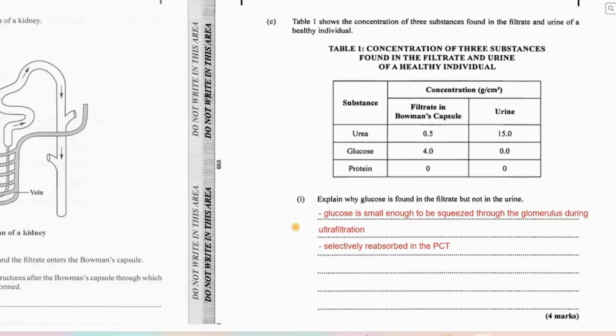If you could recall, there are 2 parts to this whole filtration process. You have ultrafiltration, and then you have the reabsorption phase. With ultrafiltration, this is where the pressure comes from the blood that is transported in via the renal artery.